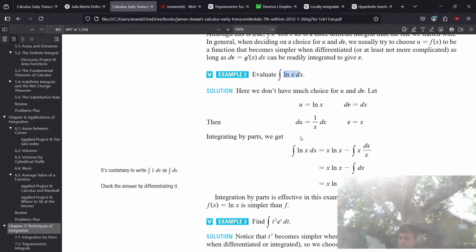So uv is ln of x times x, minus the integral of x times 1 over x dx. So that's just going to be x. So it's x ln x minus x plus c.